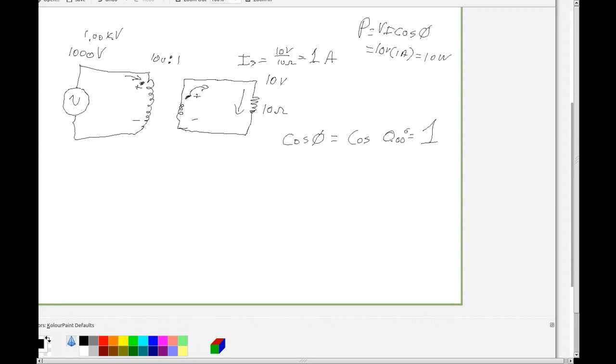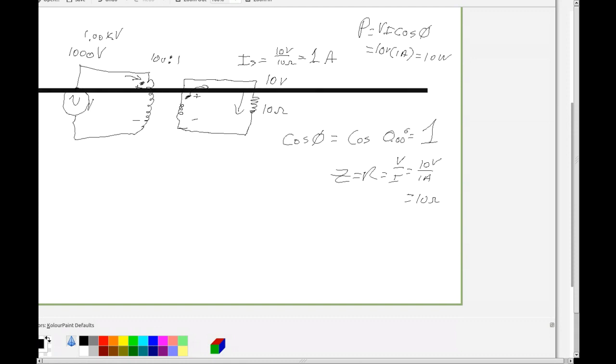So, right. And then if we look at our impedance, which is just resistance in this case, all I have is resistance, it is the voltage divided by the current, which is 10 volts divided by 1 amp, which is 10 ohms. Okay. So the question is, what does the resistance look like to the power supply?